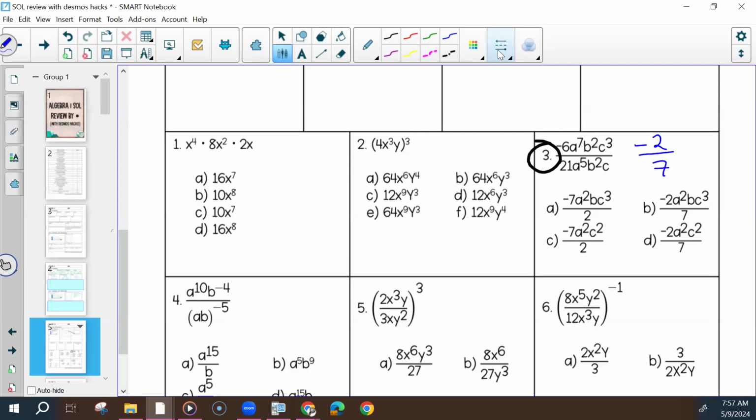You would subtract the exponents. I'm just gonna write what it is first. B to the 0 would just become 1, and then you would end up with, and you would put that together in one big fraction.